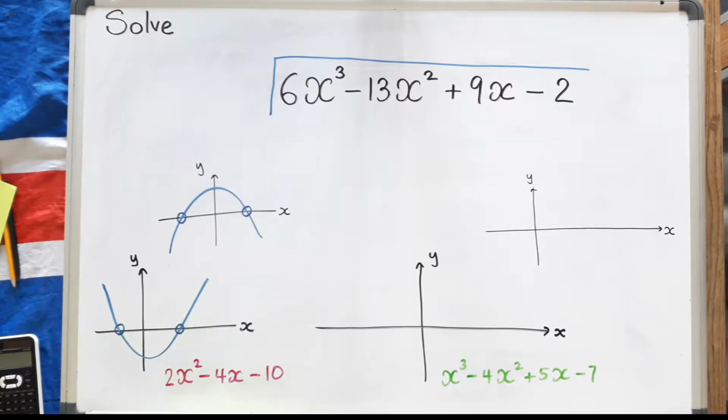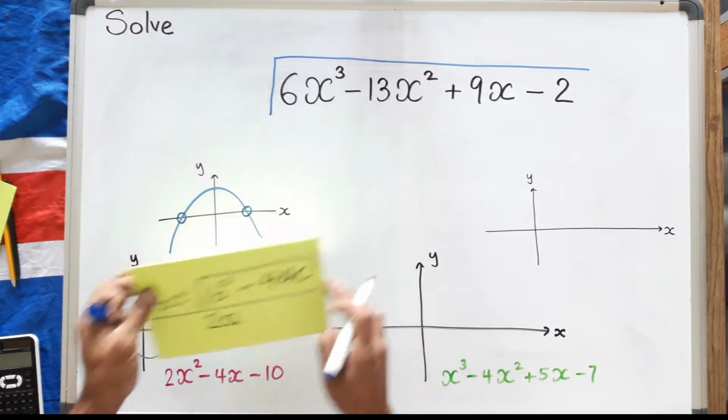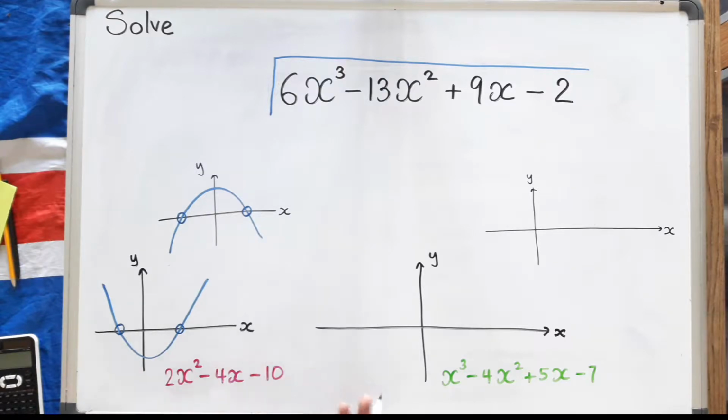Now, let's just assume I haven't actually solved this quadratic. My favorite method of solving the quadratic is to use the quadratic formula. Some people prefer factorization. I'm not a fan of factorization. I just prefer to use the quadratic formula. So if we were to use it on my made-up quadratics, let's assume that it cuts the x-axis at -2 and at 3.